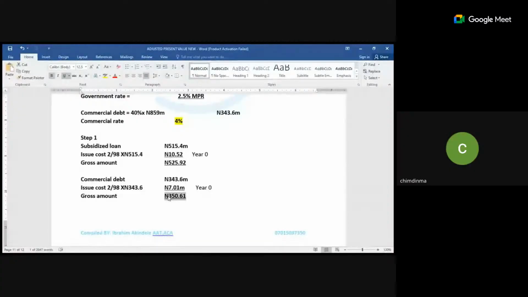Yes, sir. Because this is the entire amount you will borrow. I said it in the previous class. When you want to borrow 50 naira from me, you will need to consider what the costs are. You will add everything together, then charge interest on it. That is what it means, class.